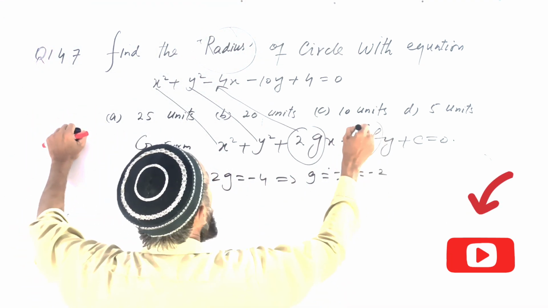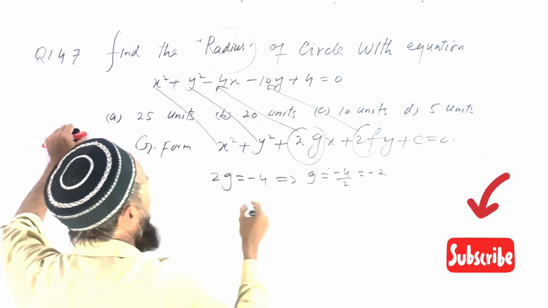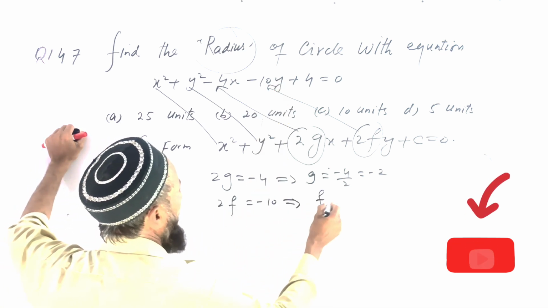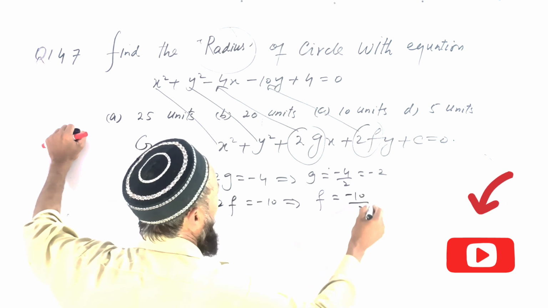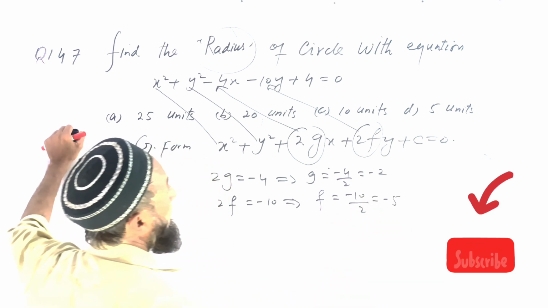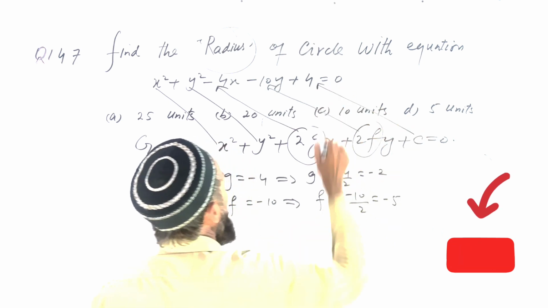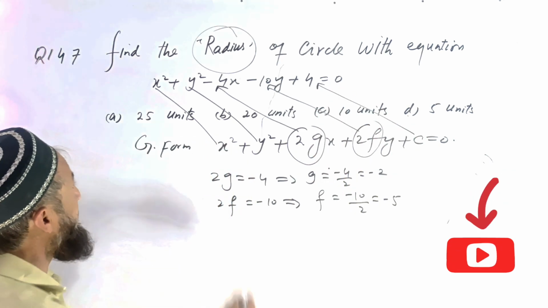Similarly, 2f is equal to minus 10. If we divide both sides by 2, we get minus 5. And the c value is equal to 4. Now the radius is required.